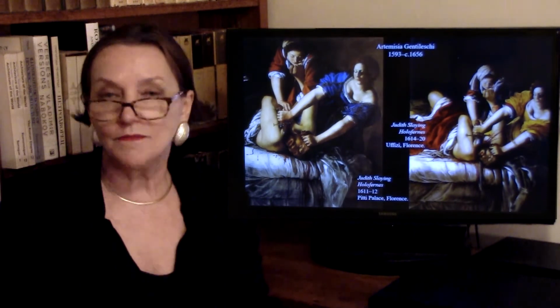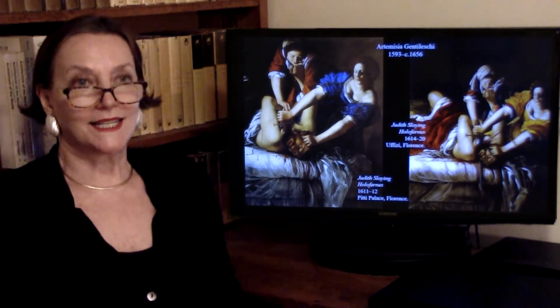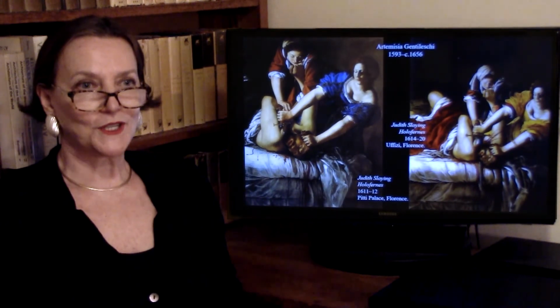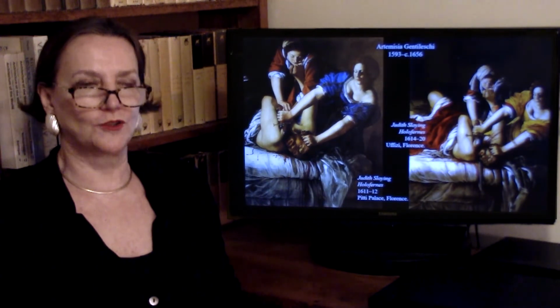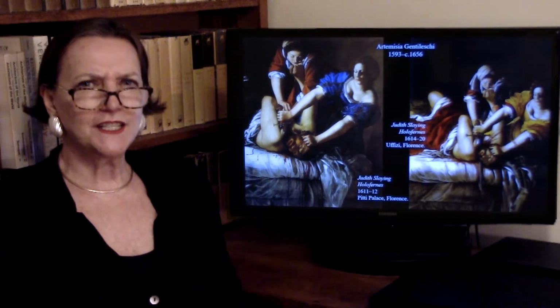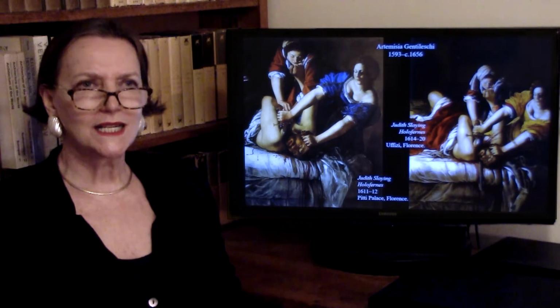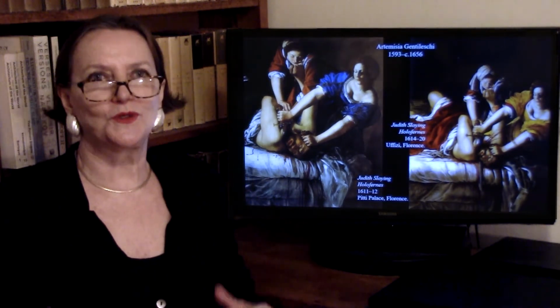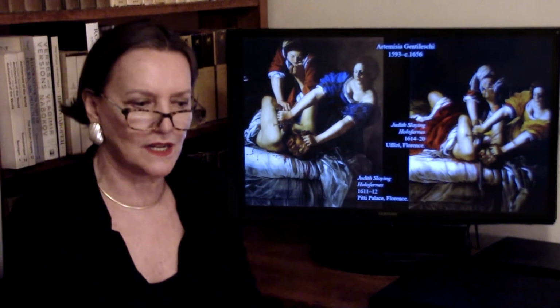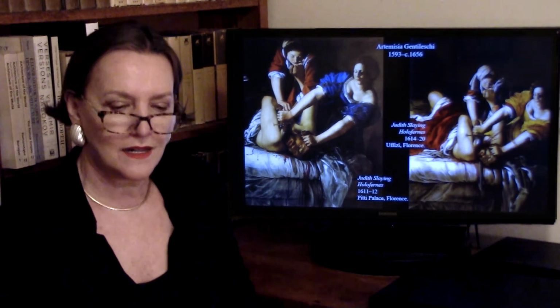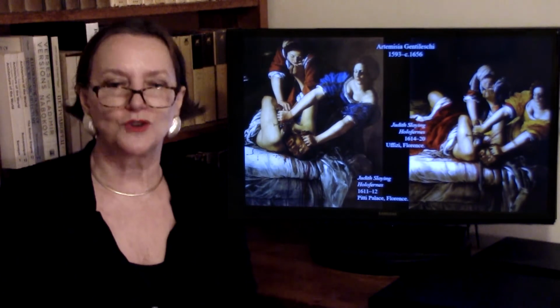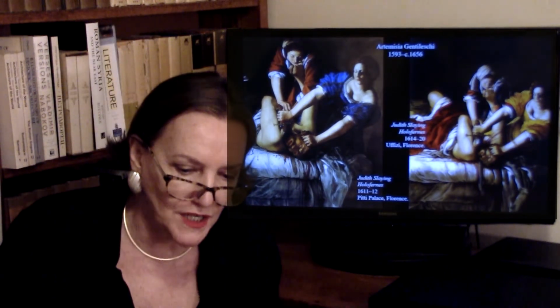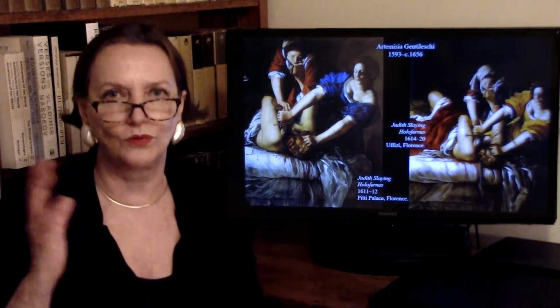Caravaggio had many followers. As I said, it was just impossible not to be influenced by Caravaggio. After the 17th century, he'll be forgotten for a bit, but resurrected in the 19th century, because when realism comes in with Courbet, Caravaggio will become appreciated in whole new terms.